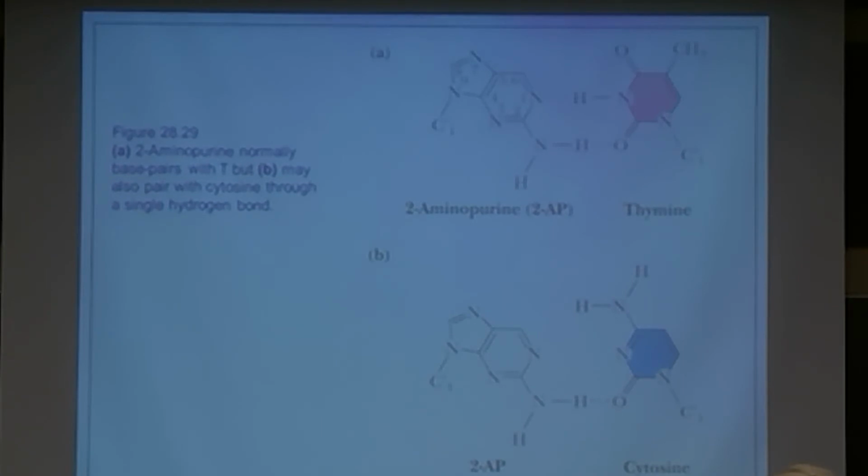2-aminopurine. So normal adenine, let's draw the way the DNA is drawn. This is number 9 position.